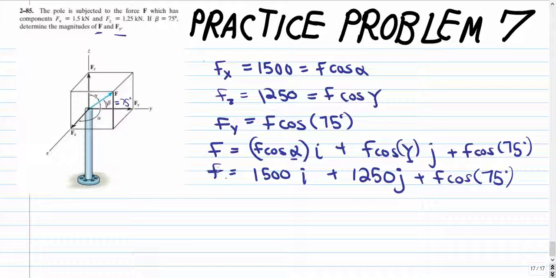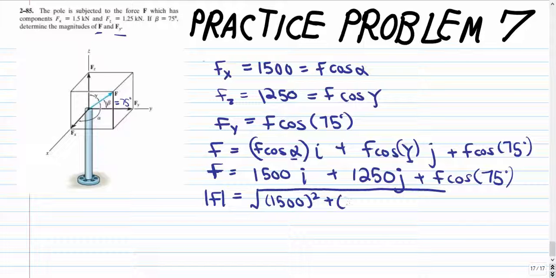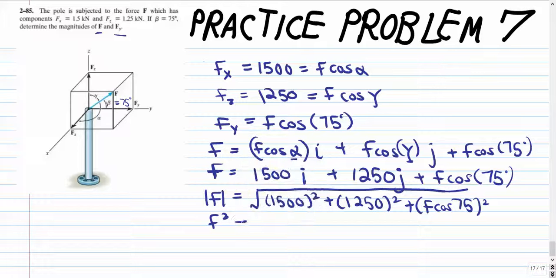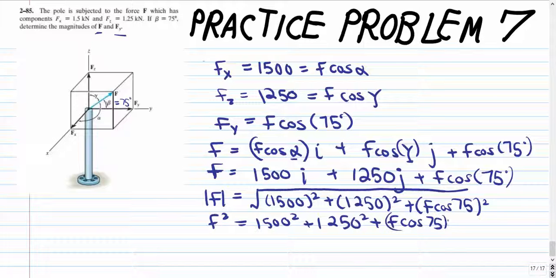Now all we have is just one unknown in the equation, which is F. So let's find the magnitude of the resultant force F using the resultant force formula. The magnitude of F squared is going to be equal to 1500 squared plus 1250 squared plus F cos of 75 squared.